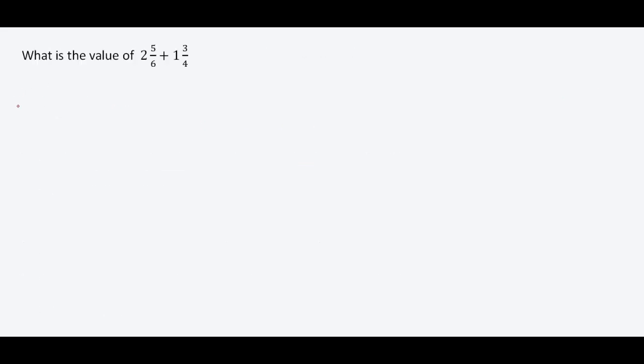So we have, what is the value of 2 5/6 plus 1 3/4? First step, I'm going to add the whole numbers together, so 2 and 1. So 2 plus 1 is going to give us 3. Now we have 6 and 4 as our denominators. 4 is 2 squared, 6 is 2 times 3.